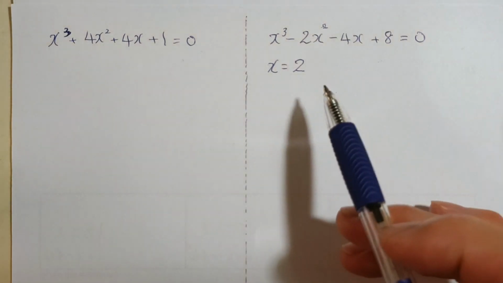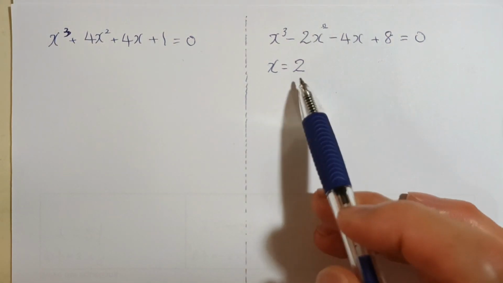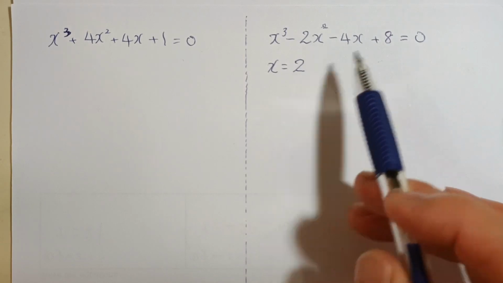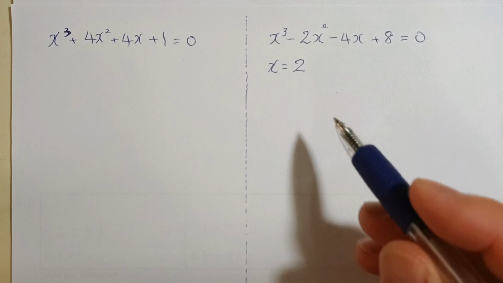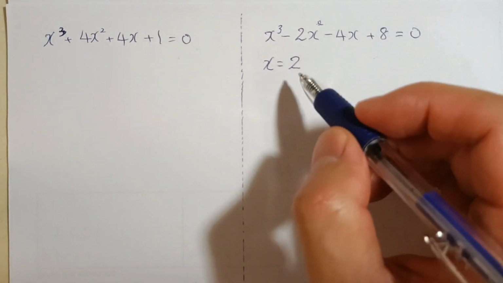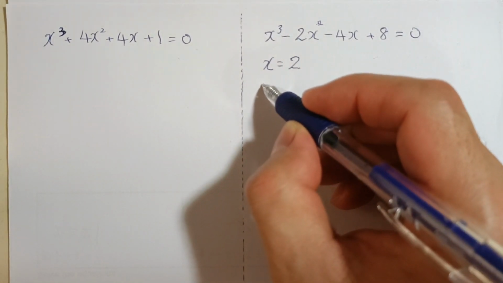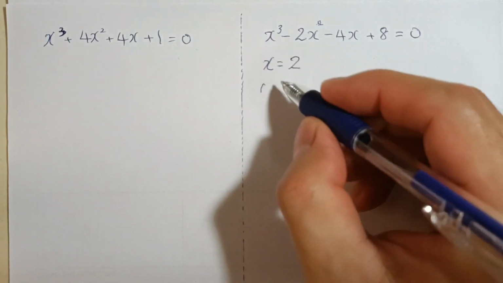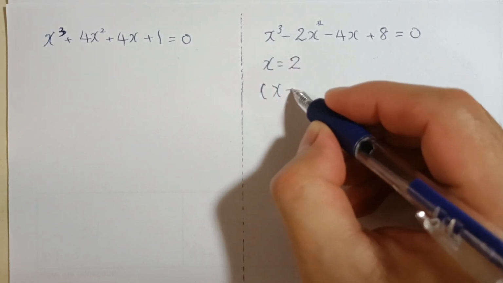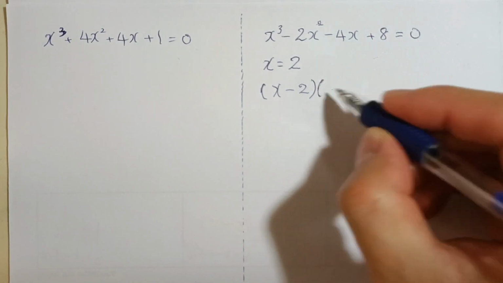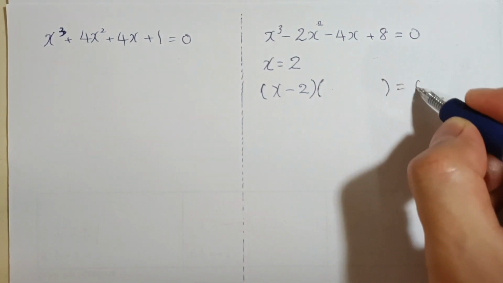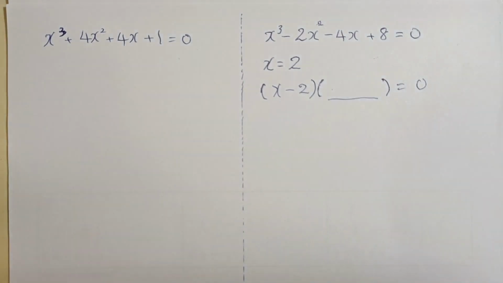Right? Once you figure out one solution by hit and miss, or guess and check, or something like that, then that's easy. You can divide this expression by x minus 2, and then you can find another expression here.